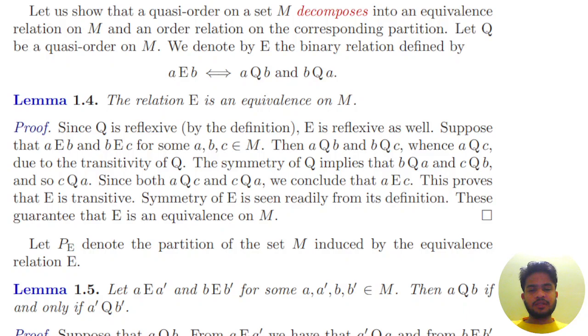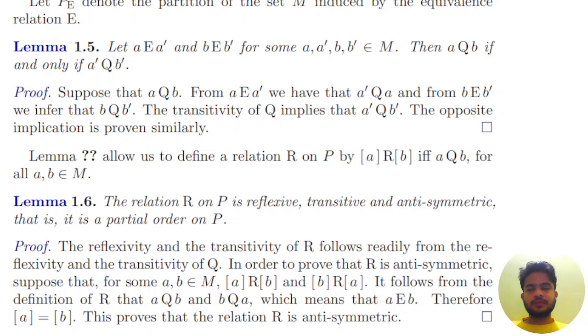Let P denote the partition of set M induced by the equivalence relation E. Let us continue with Lemma 1.5. Let A be equivalent to A dash and B equivalent to B dash for some A, A dash, B, B dash belonging to M. Then A is quasi-ordered below B if and only if A dash is quasi-ordered below B dash.